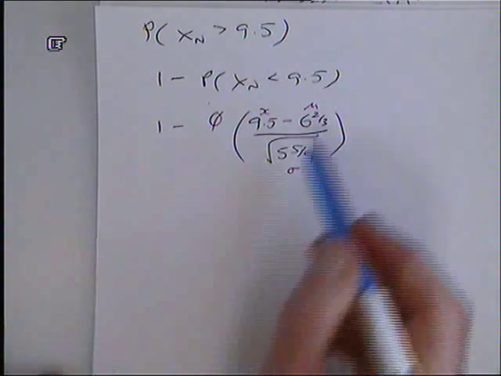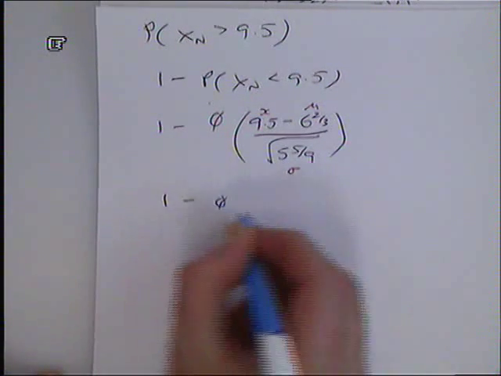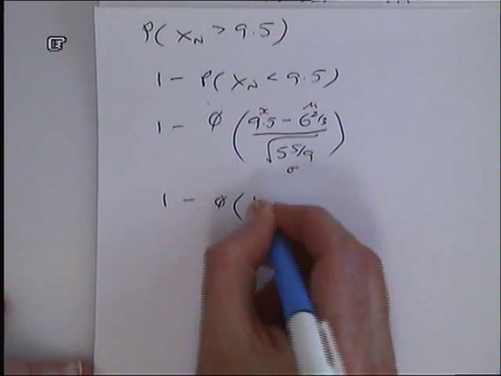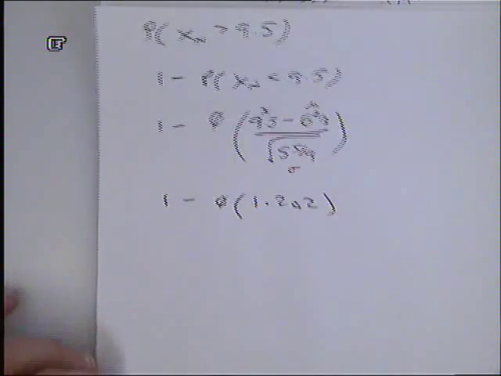Okay, you now need to work out the value inside that bracket as a decimal number. 1.202 is what I'm expecting it to be.